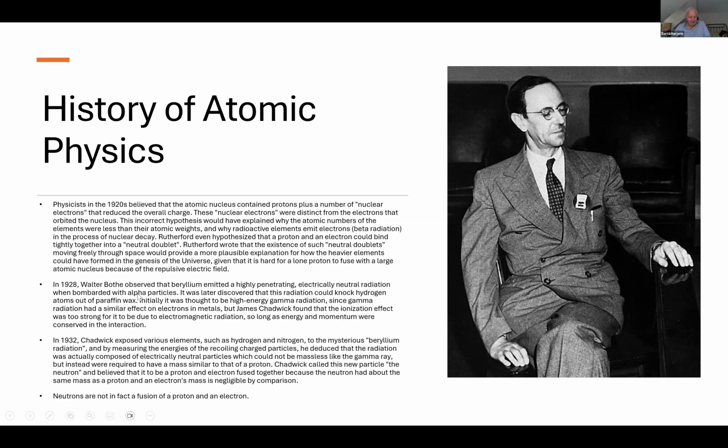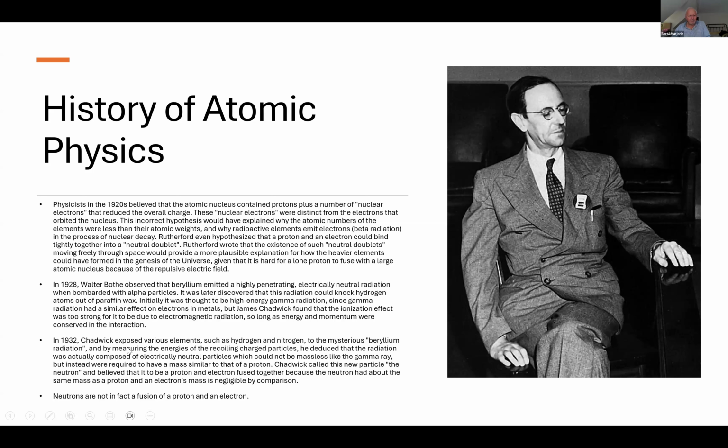So this led Walter Bothe to observe that the beryllium emitted highly penetrating electrically neutral radiation, and this could knock hydrogen atoms out of paraffin wax. But Chadwick found that this ionization effect was too strong to be due to electromagnetic radiation.